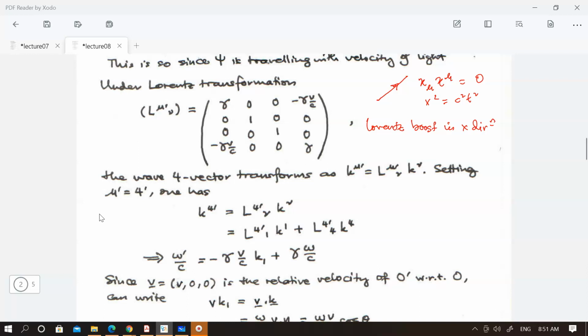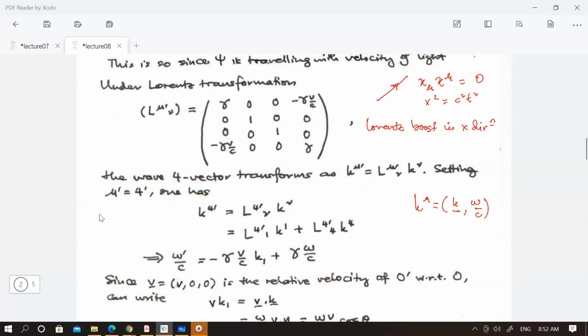You remember that K mu is given by the vector K, omega over C for the contravariant case. So K4 dash gives you omega dash over C. C is just a constant, it will be the same in all reference frames.